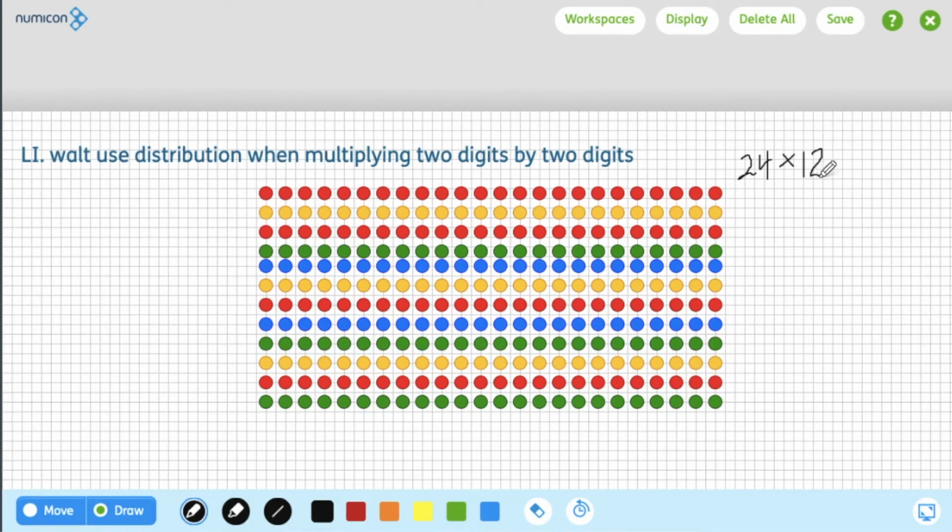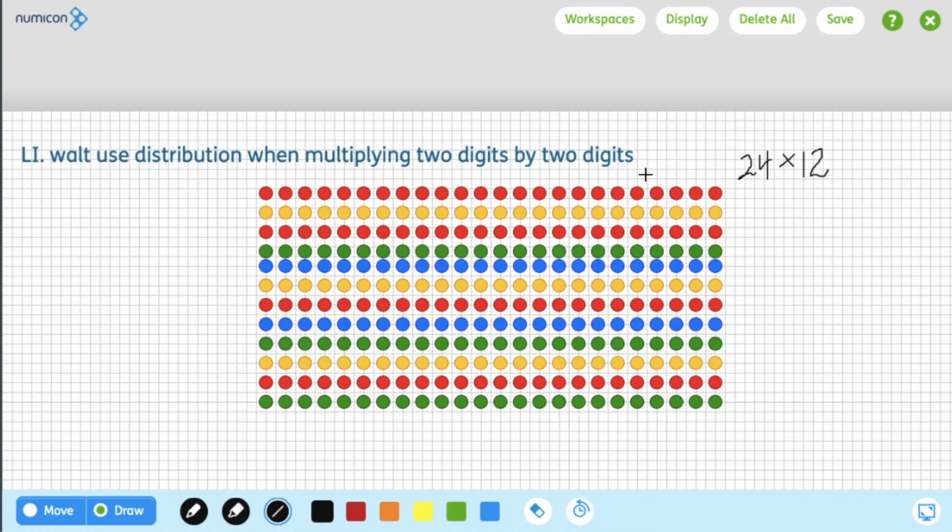Now, I don't know about you guys, but if I'm looking at 24 times 12, I'm thinking, oh, those numbers are way too big for me to do the 24 times table or the 12 times table, sorry. So what I would do is maybe split it. So I'd do our usual split.